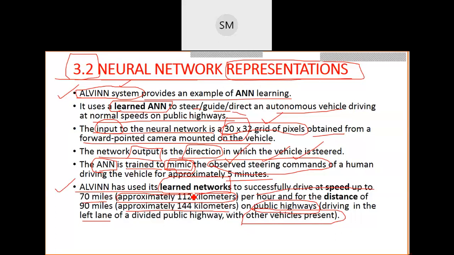That many pixels were given to our car as input. And the output is a direction in which the steering should be rotated. So this is input and this is output. I also told you where and how we get the input, how much distance it has covered, and at which speed, and all those things we have completed.